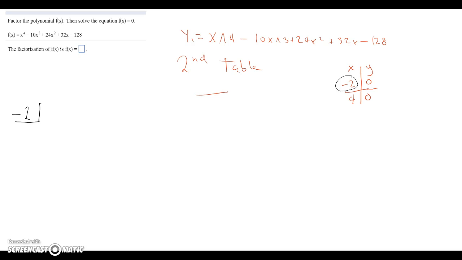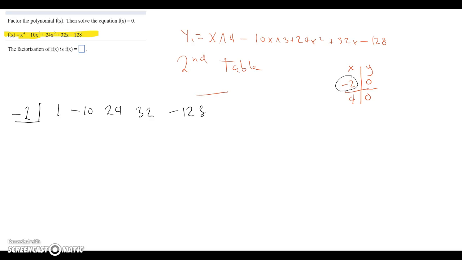Now we write the coefficients: in front of x to the fourth is 1, x cubed is -10, x squared is 24, our x coefficient is 32, and our constant term is -128. I got those from this polynomial right here.